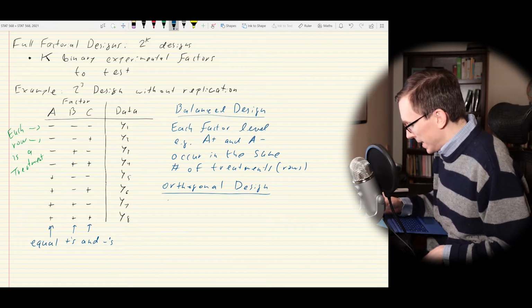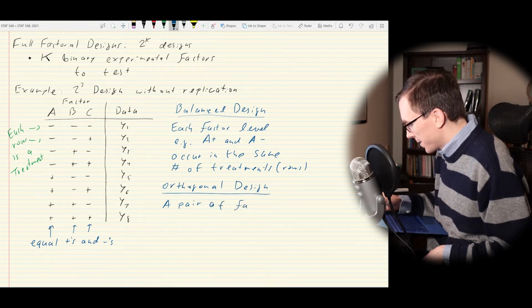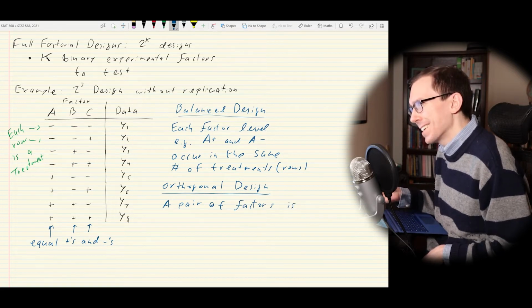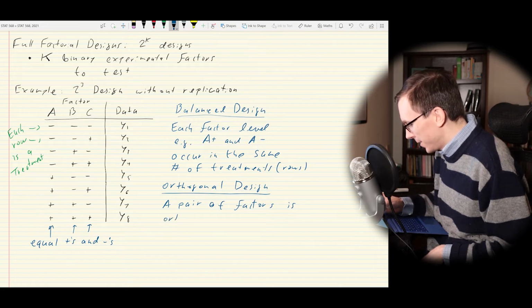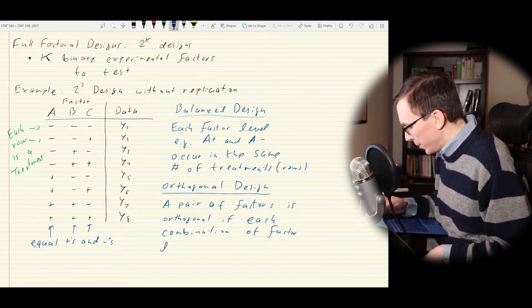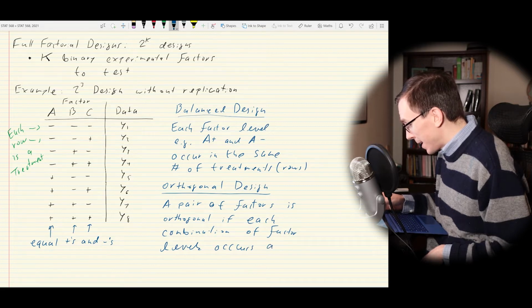So basically, a pair of factors is orthogonal if each combination of factor levels occurs an equal number of times.